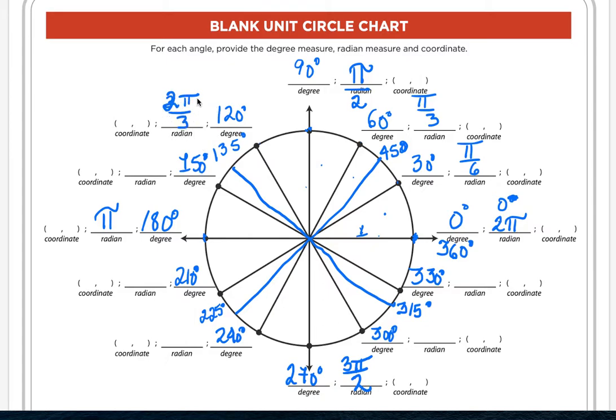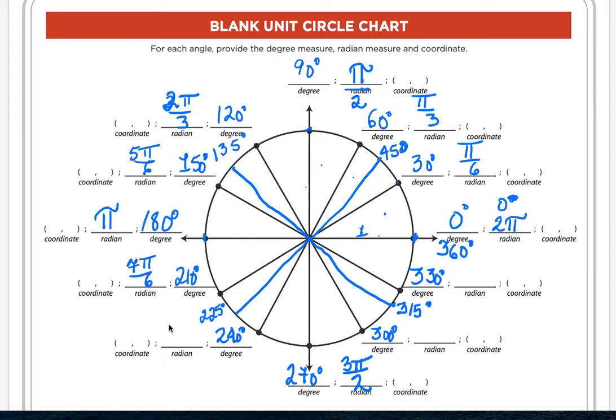All right, adding another. So this is really 4 pi over 6. Next thing, 5 pi over 6, right? 6 pi over 6 is the same thing as just pi, right? Next thing, 7 pi over 6. Then this one right here is going to be 8 pi over 6, and we're going to reduce that fraction.